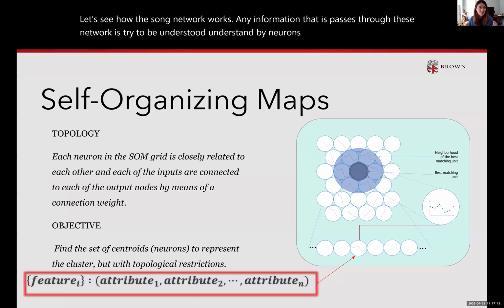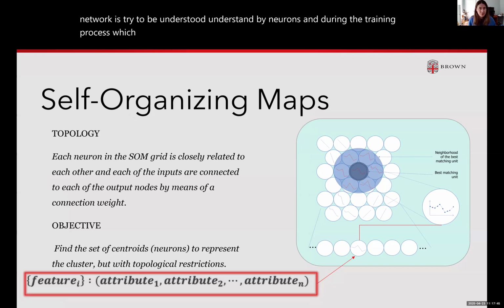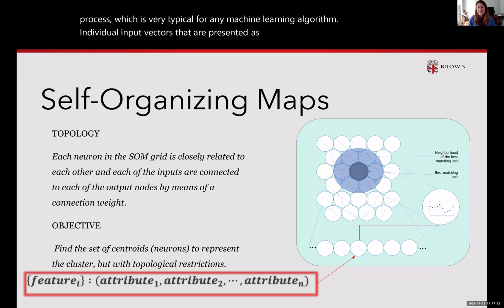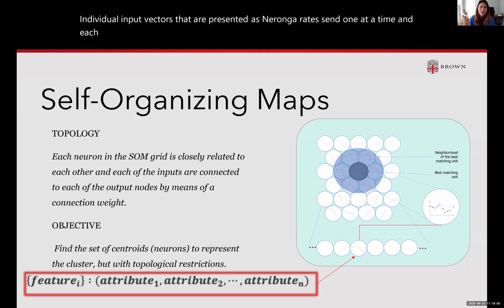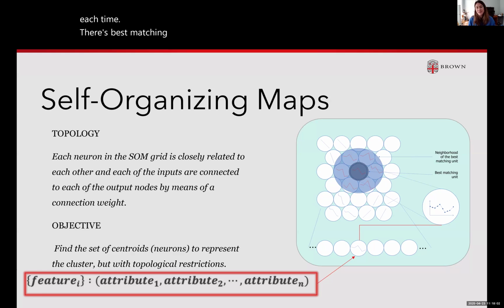During the training process, which is very typical for any machine learning algorithm, individual input vectors are presented to the neuron grid one at a time, and each time the best matching unit is found, and the weights of the other neuron vectors adjust themselves accordingly.